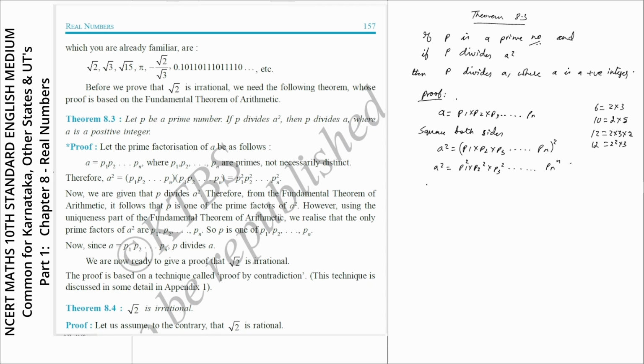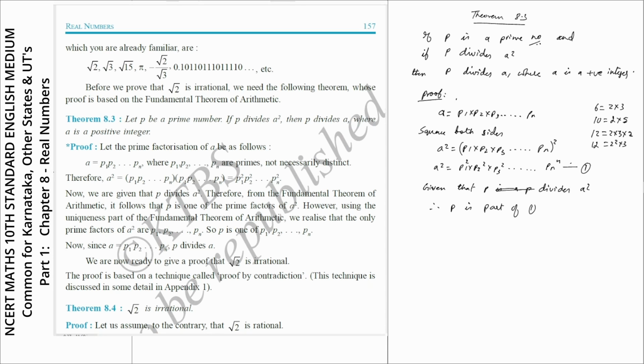Now given that P is a prime number and it divides A square, therefore P should be part of 1.